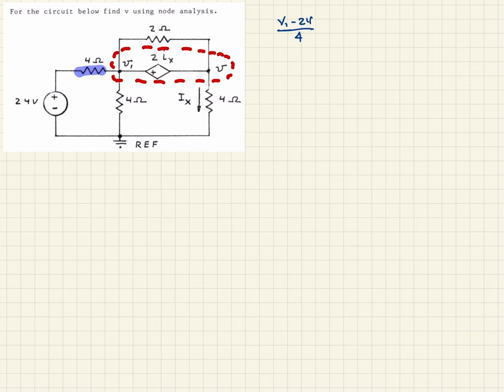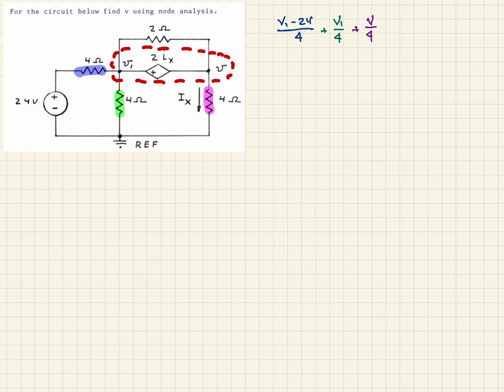And then we will come down to this node, and we can characterize that then as V1 over 4. And then finally, we're going to look at this one, and that's going to be V over 4.